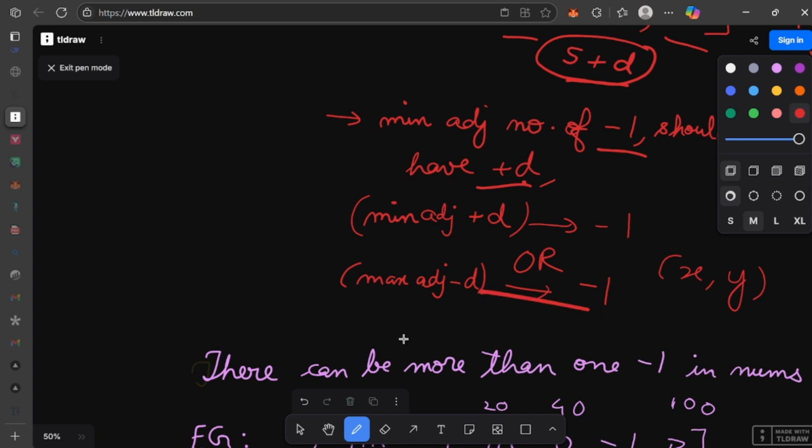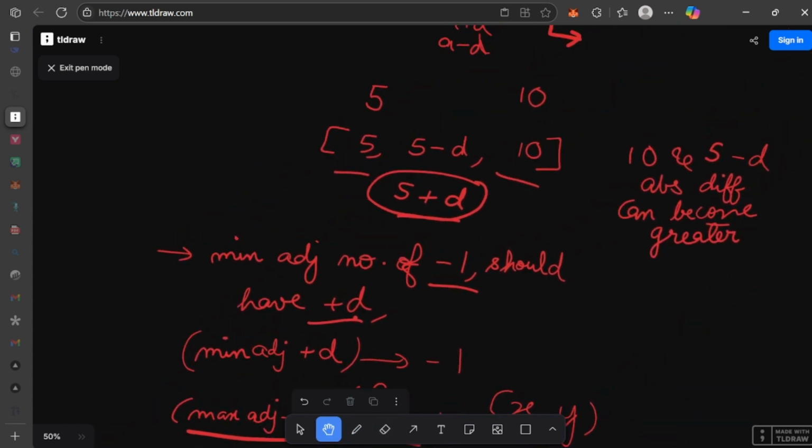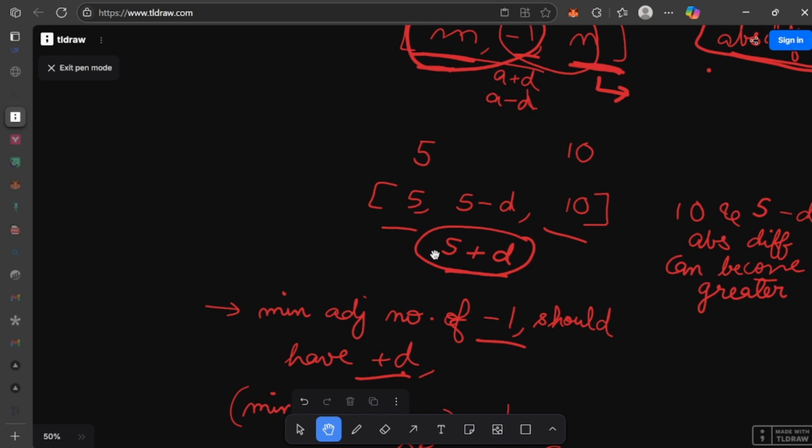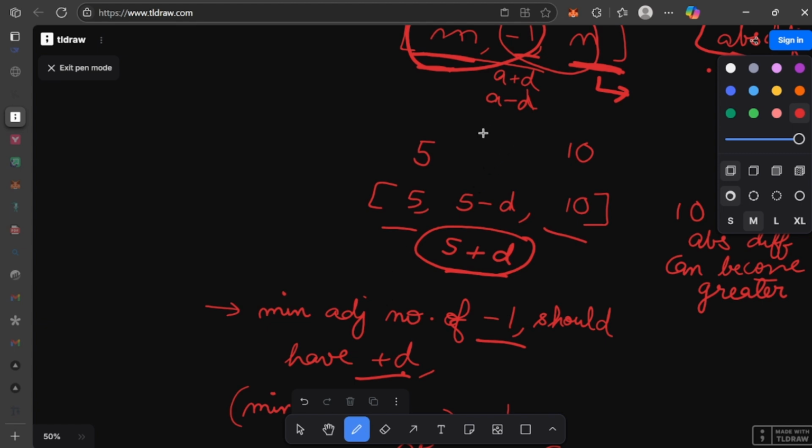Now from where did this come? We can take another case here itself. 10 minus d or 10 plus d. So 10 minus d would be less than 10, and the difference would be greater than with 10 plus d.